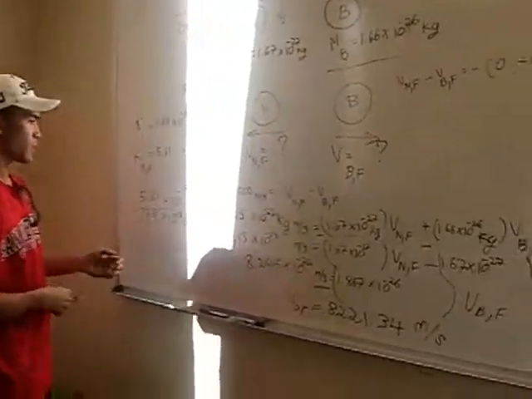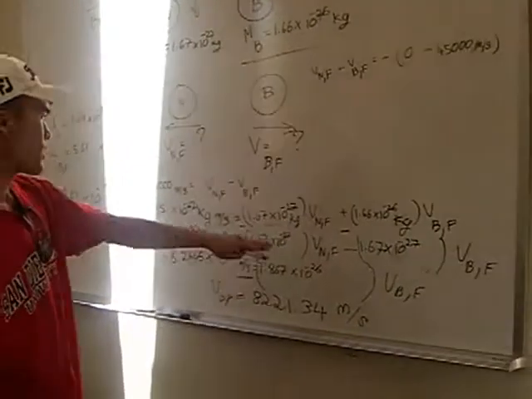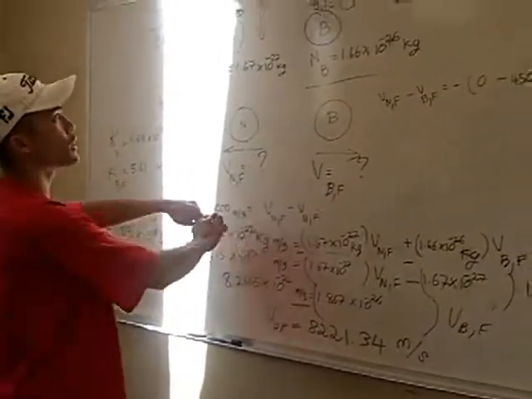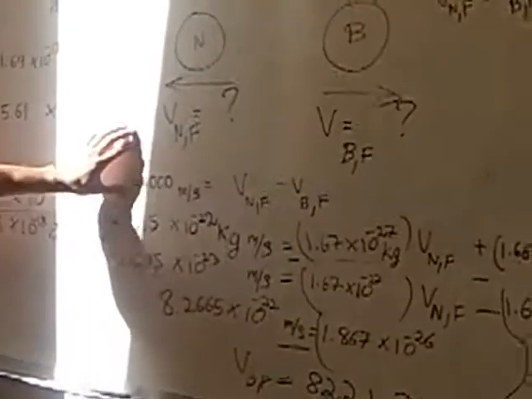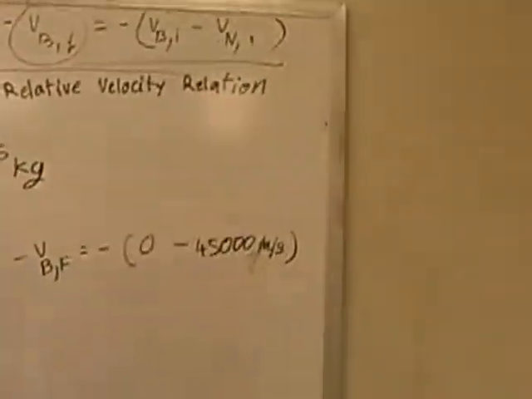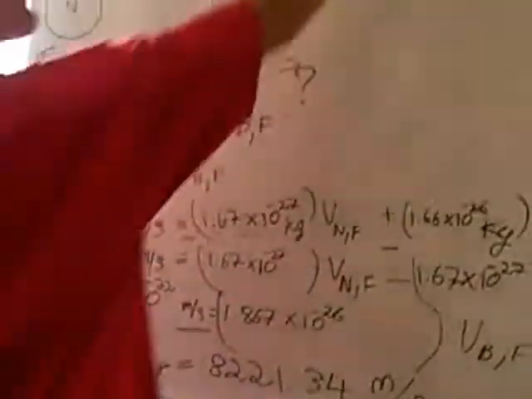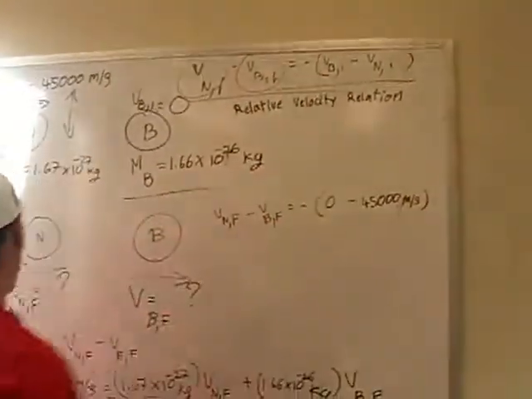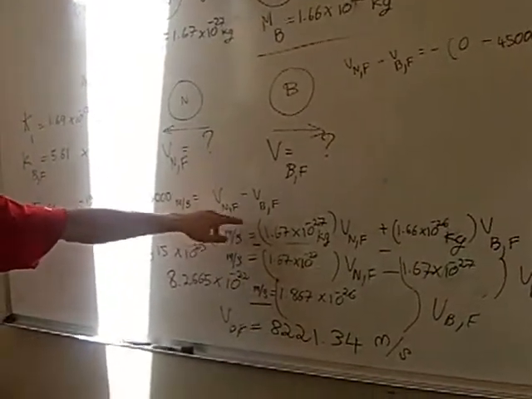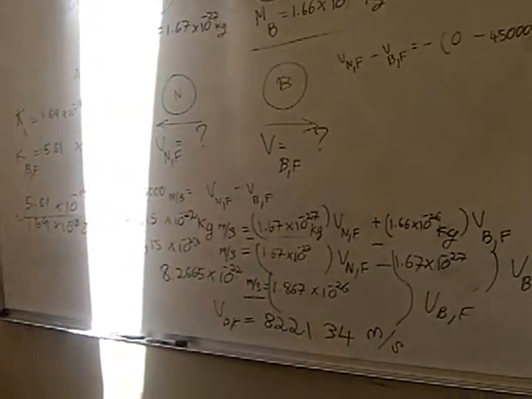We set it up right here, we just put it in reverse. If you didn't see it, it's right here. This is the initial velocity of neutron. Since this negative and negative right here will cancel out, it's all positive. And we got the final velocity of neutron and the final velocity of boron.